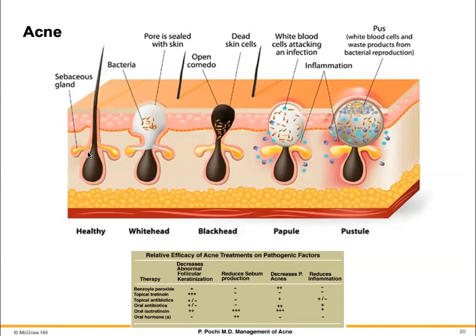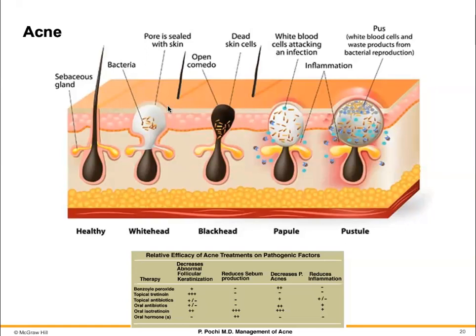And I found this good picture online that I wanted to share with you, that a healthy hair follicle has the sebaceous glands to them, and the sebaceous glands are producing enough that's able to escape through the opening pore to the skin. But what ends up happening with acne and what forms a whitehead is when your keratinocytes, essentially your epidermal region, those dead skin cells are blocking the opening of your hair follicle, and it causes it to be sealed, where it's almost like a balloon.